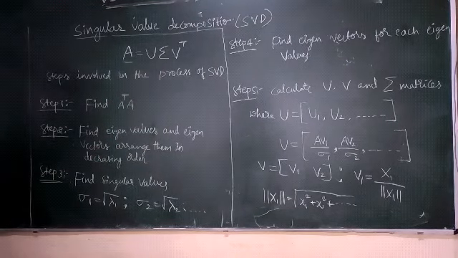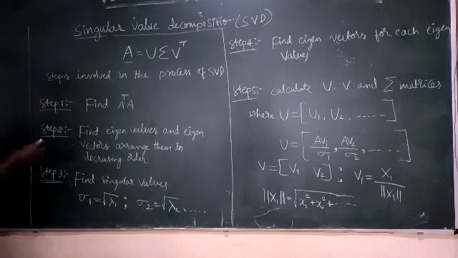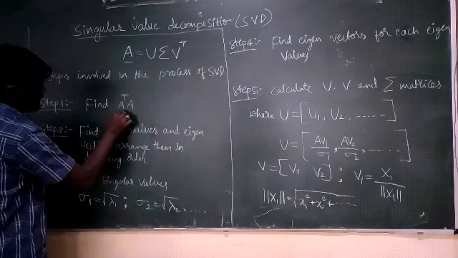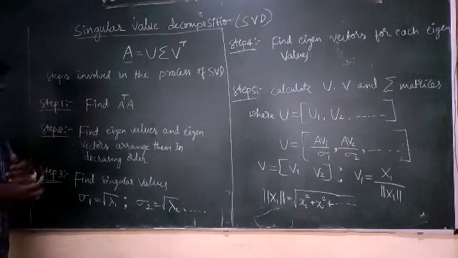Then we will see the steps involved in solving singular value decomposition. First step, find A transpose into A. Multiply the A transpose matrix and the A matrix.